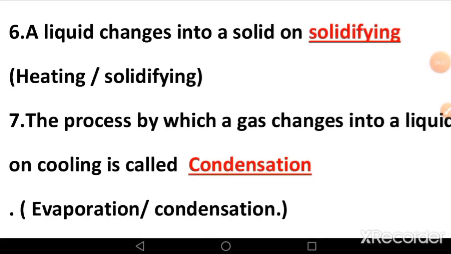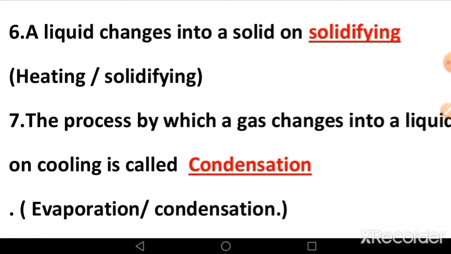Sixth, fill in the blank. A liquid changes into a solid on dash. Options are heating and solidifying. Through heating, we can change a solid into a liquid, but through solidifying, we can change a liquid into a solid.